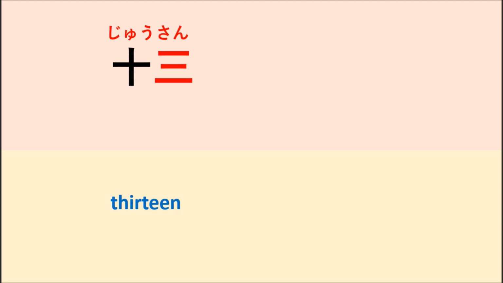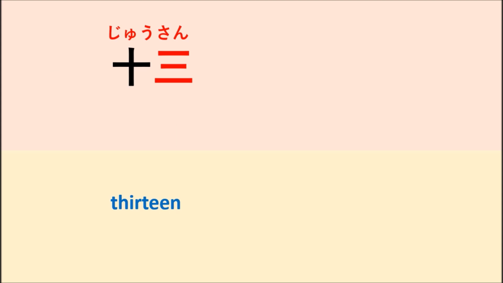Jusang means 13. The first kanji ju is from the kanji ju, and this kanji has the meaning of 10.